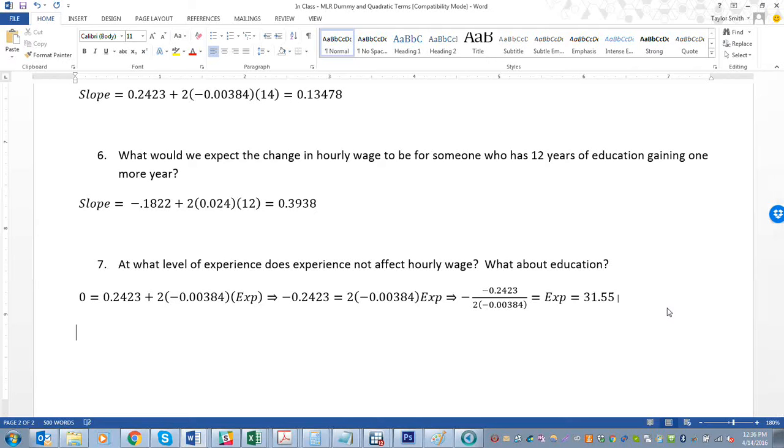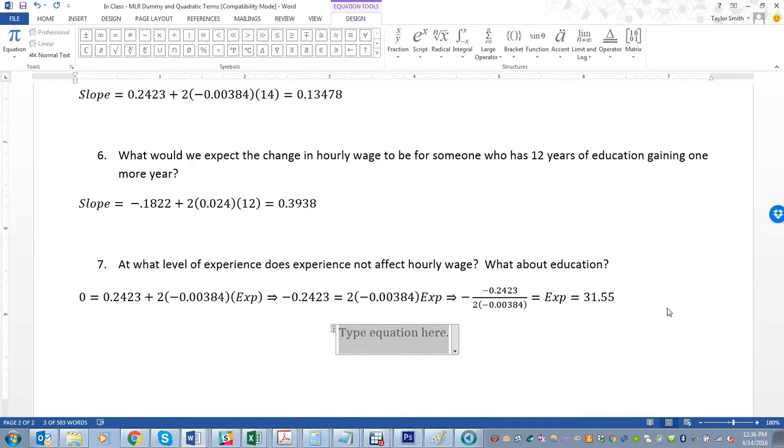Now we can do the exact same thing here for education. At what point does your education stop paying off? Well, we'll put in our equation here.